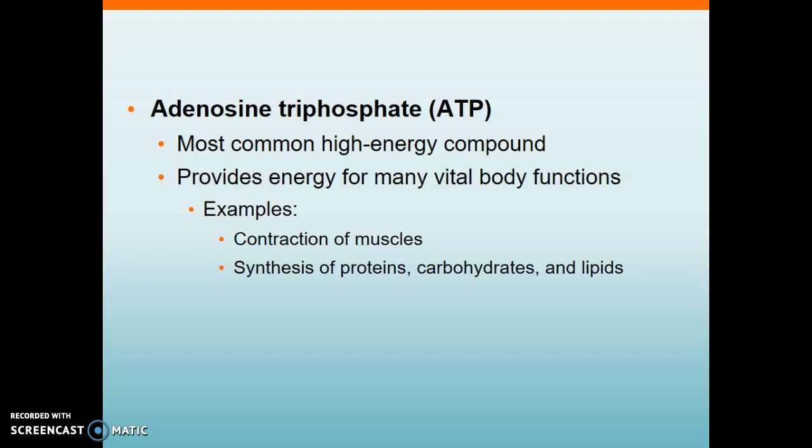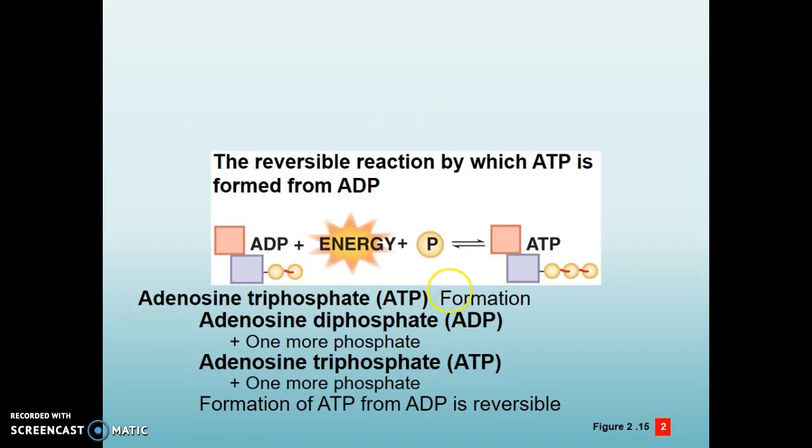And we need this ATP for anything that requires energy in the body, whether it's building a protein, a carb, or lipid, whether it's contracting a muscle, whatever has to take place in the body requires ATP. It's considered to be the energy currency of life. So what happens is when a molecule is broken down, let's take glucose.